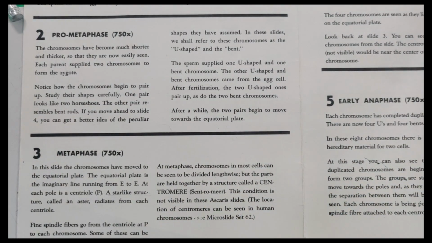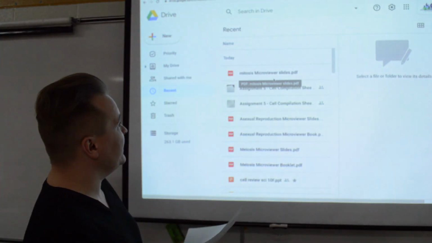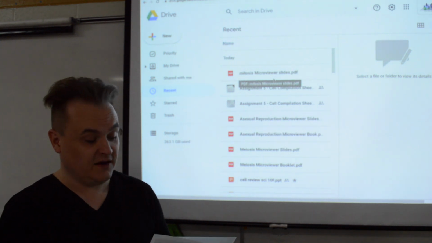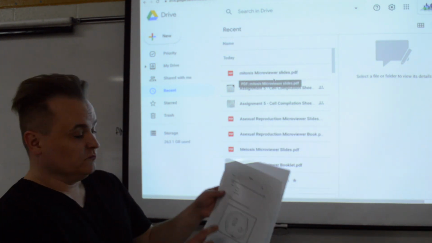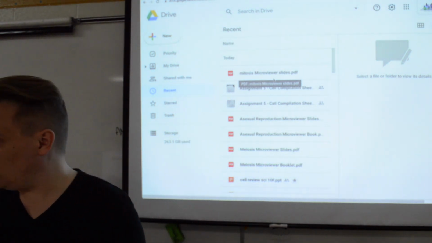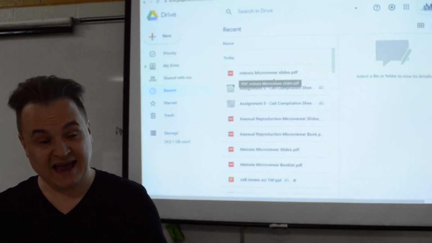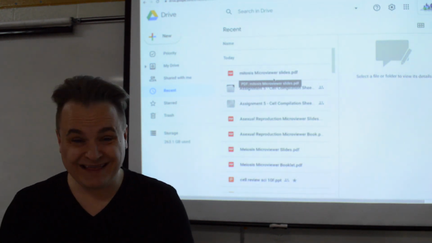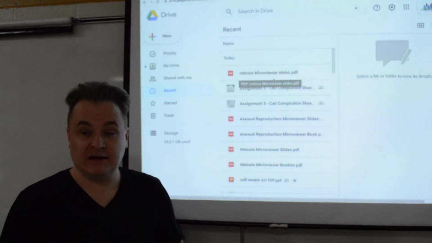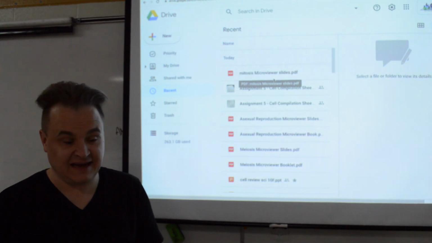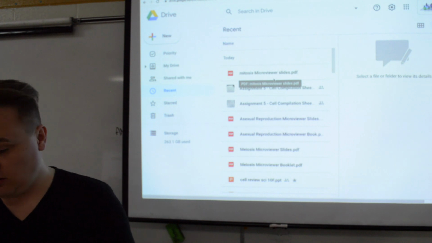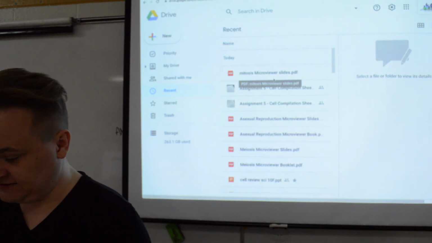Okay, so what you need to do for microviewers, you're going to have 3 different microviewers. This is your first microviewer activity. So you're going to have to draw and answer the questions based on the slides and the booklet that I've given you in the lesson. So at the end of this, for lesson 8, you need to submit pictures of the entire booklet with all of your answers as well, right?